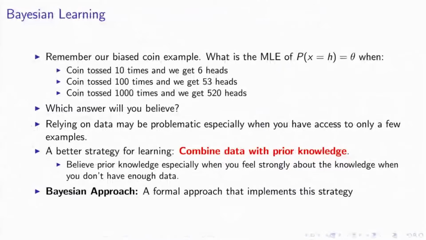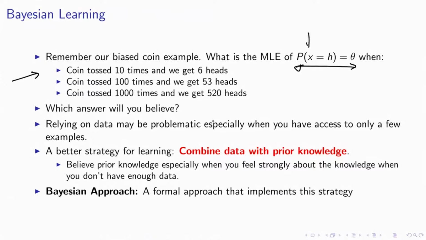Let me try to motivate why we need Bayesian learning using the same example that we have used before, which is the example of a biased coin. If you remember, the coin can be in 2 states, either heads or tails.